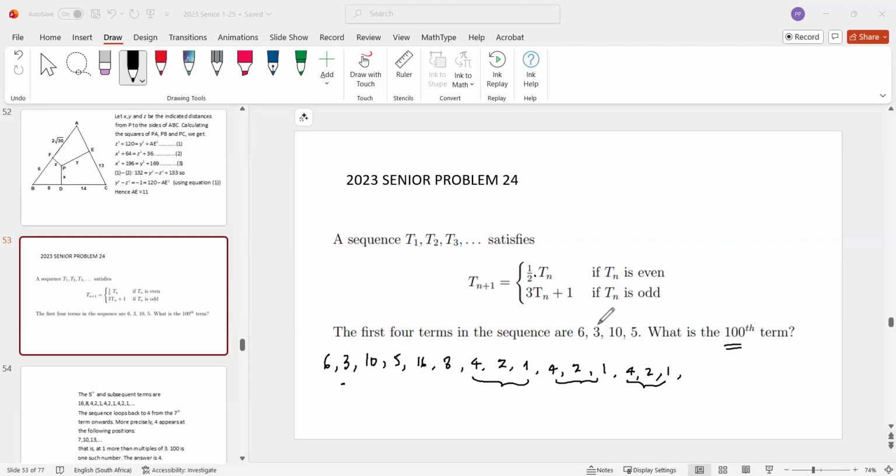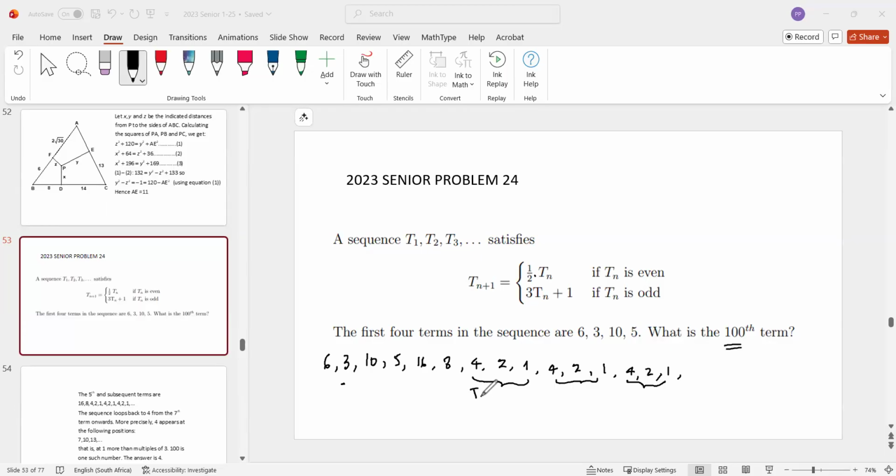So you want to know what is the 100th term. Okay. So you got 1, 2, 3, 4, 5, 6. These terms here, there's no pattern in this. So this is the 7th term.